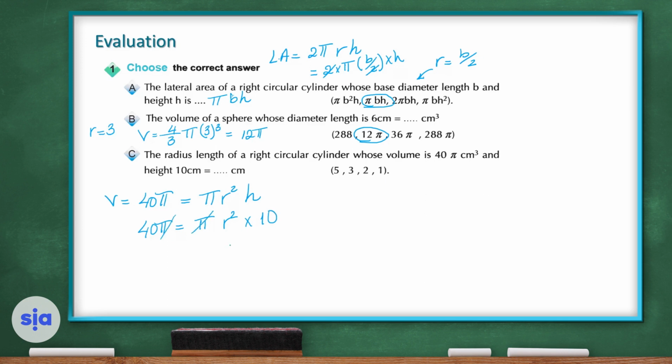The pi's cancel out, so 40 equals r squared times 10. Then r squared equals 40 over 10, which is 4. So the radius is the square root of 4, which is 2 centimeters long. So the right answer here is 2 centimeters, which is this choice.